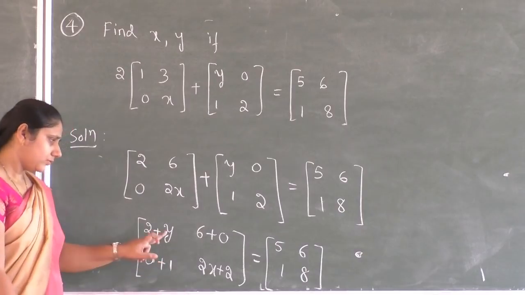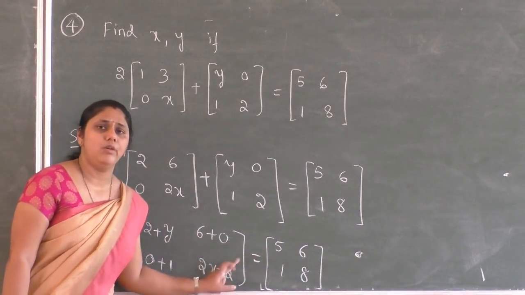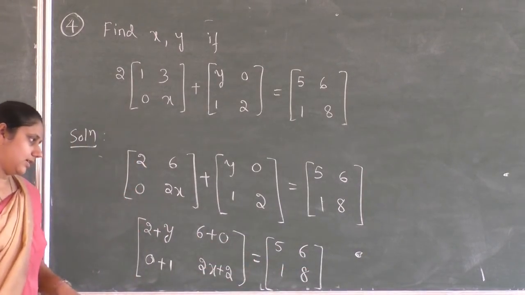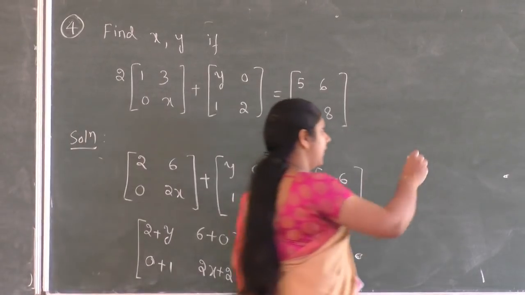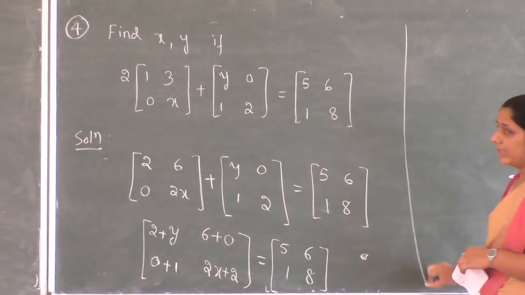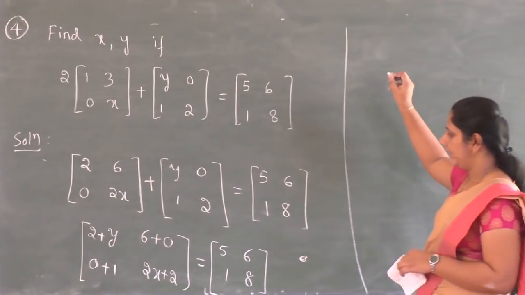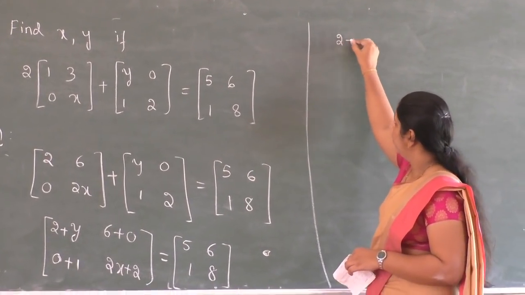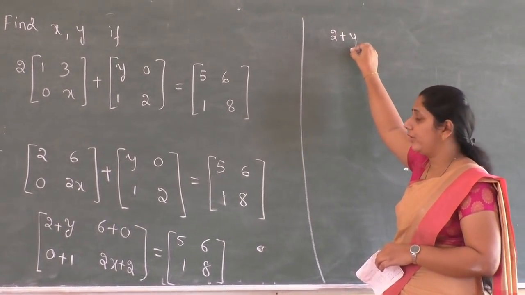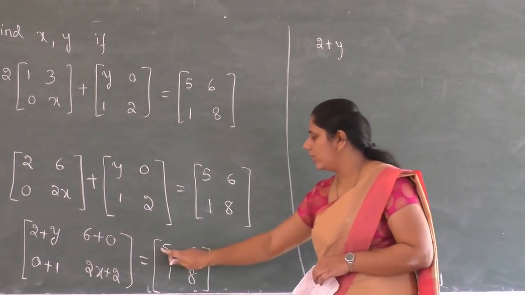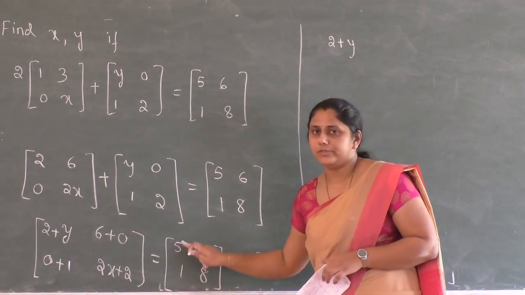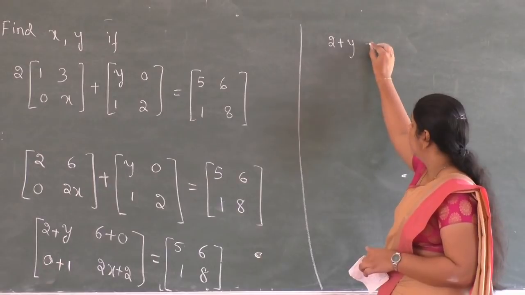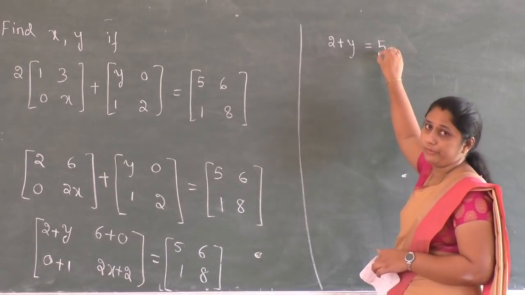After this step you have to use the condition of equality of two matrices, that is if any two matrices are equal then their corresponding elements are the same. By that condition, first row first column element of the first matrix equals first row first column element of the second. From this 2 plus y equal to 5.